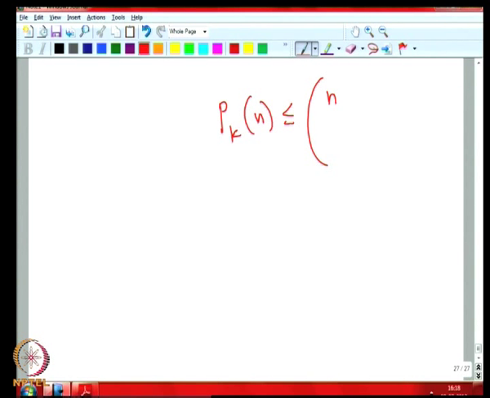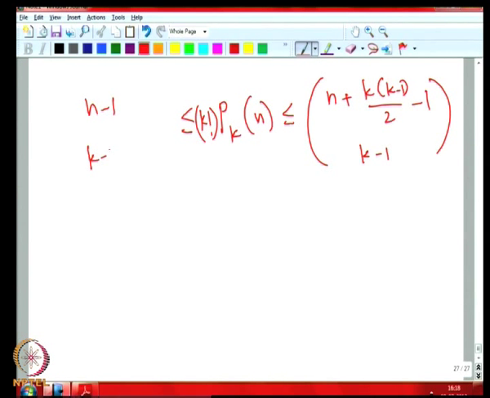n plus k into k minus 1 by 2 minus 1, choose k minus 1, and the lower bound was k factorial into n minus 1, choose k minus 1, right. Now we can probably try to see how much this is.